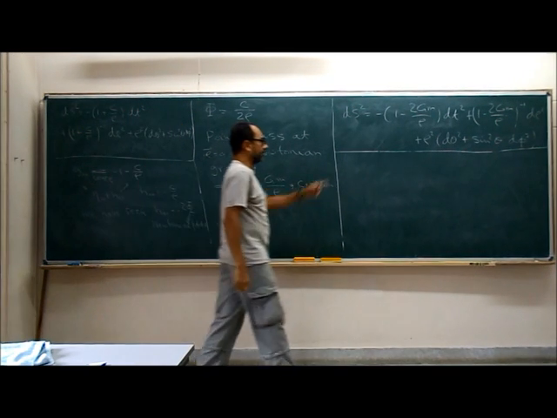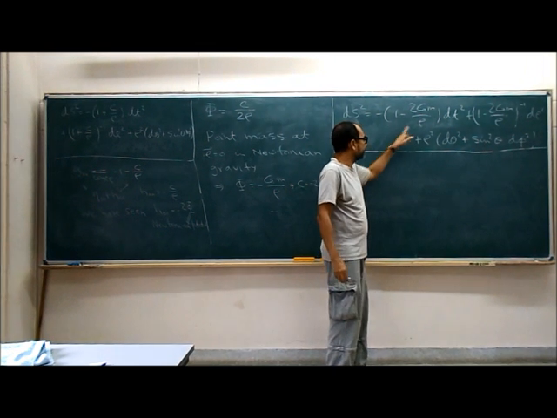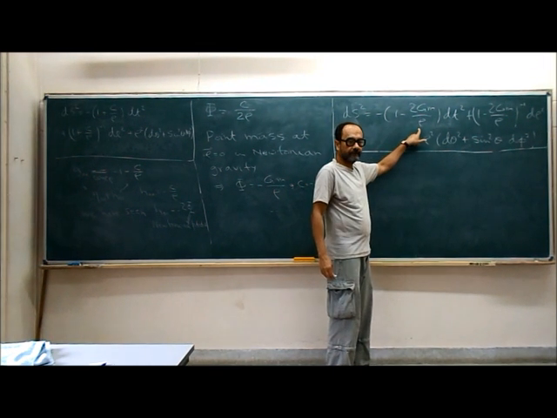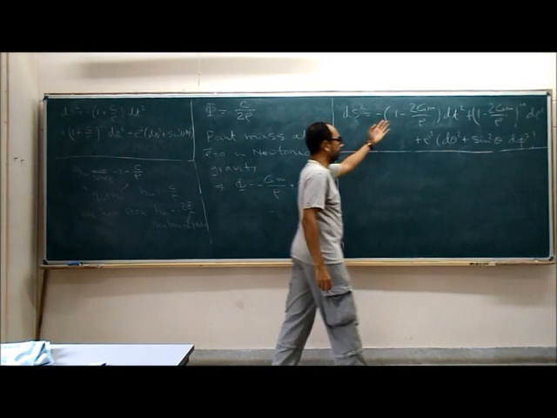Now this metric seems to have a problem, and the problem is that it seems to be singular at rho equal to 2 GM. This vanishes, this vanishes.